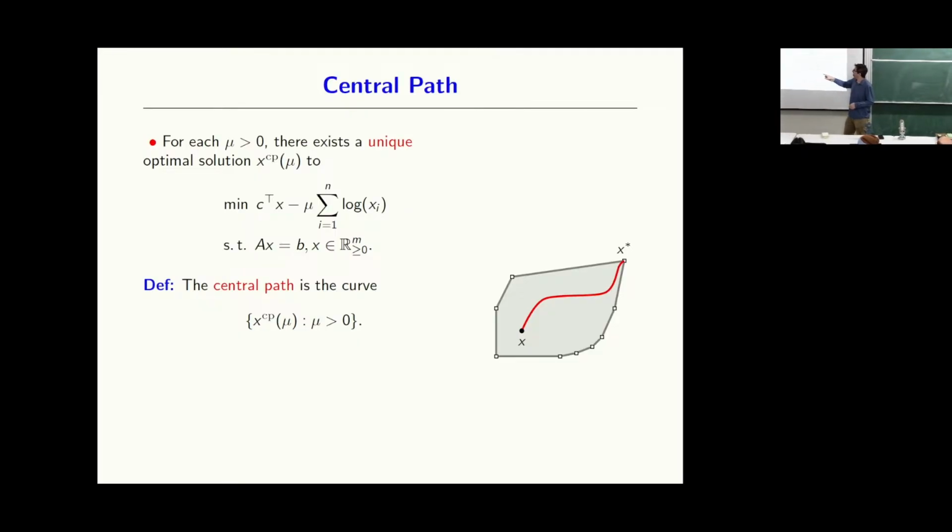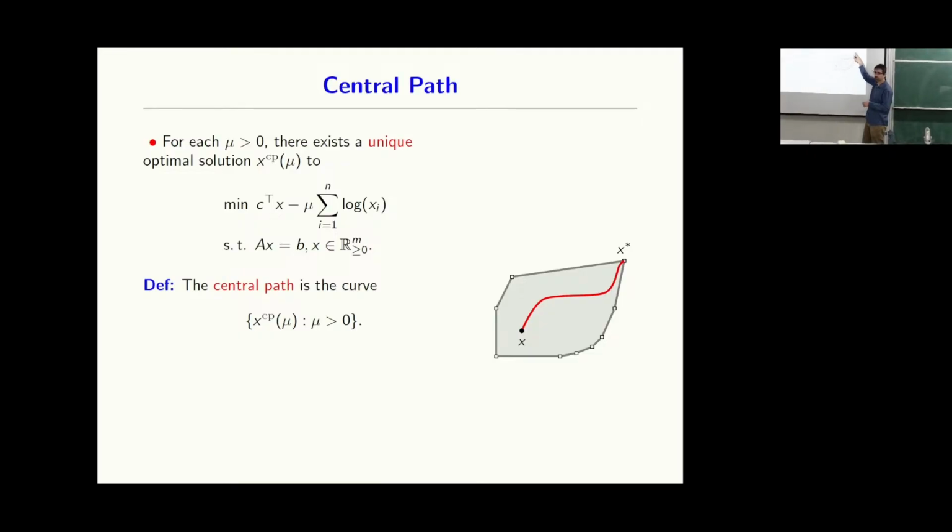And the idea is that if you look at the sequence of minimizers that you get for these optimization problems, which are indexed by how much force you put on the barrier, as you decrease the weight of the barrier, you're allowing the solutions to get closer and closer to the boundary.